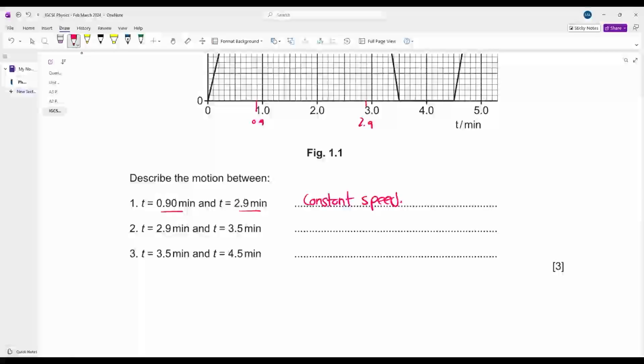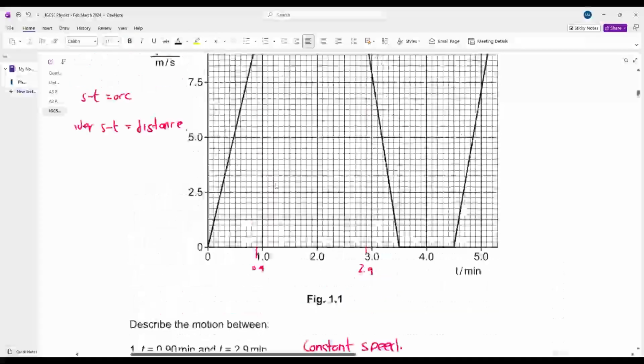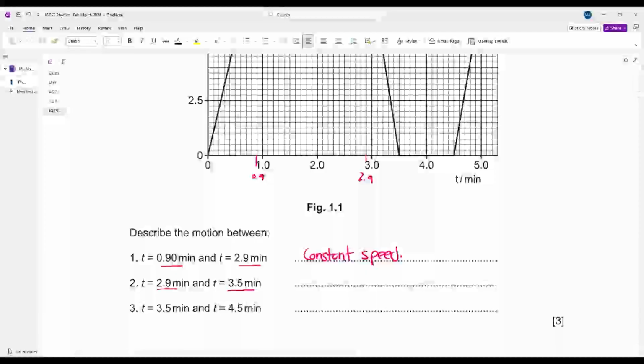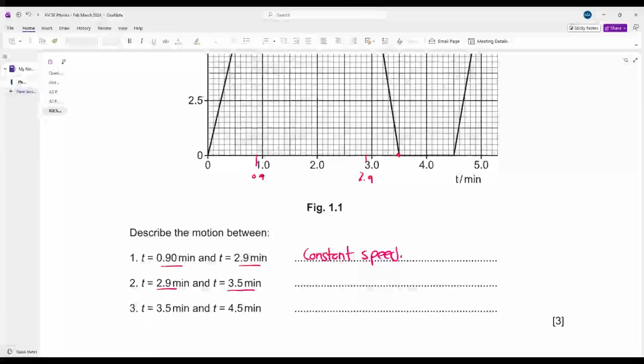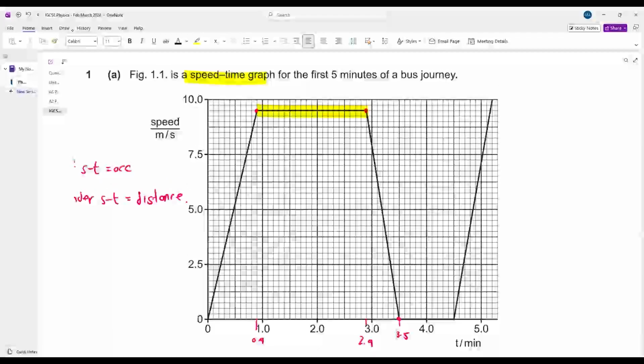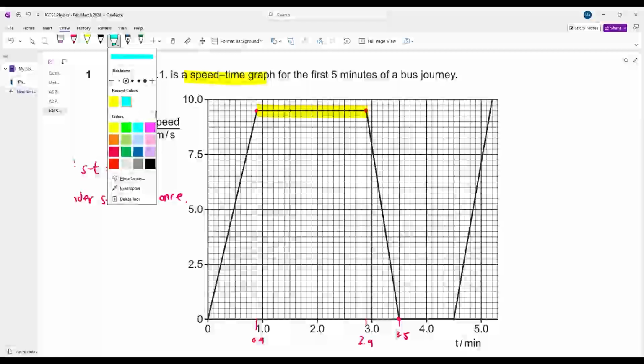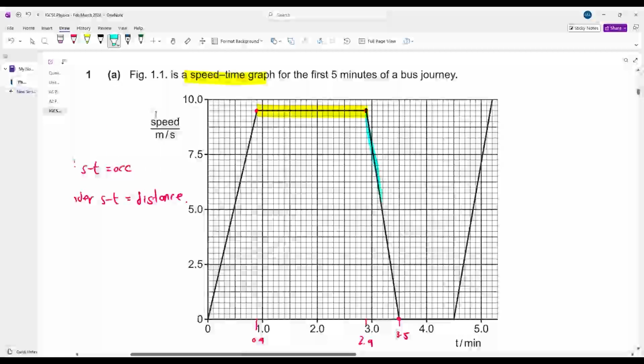Perfect. What is your motion from time t is equal to 2.9 minutes till 3.5 minutes? अच्छा जी, 2.9 minutes से 3.5 minutes, that is somewhere here. So let me highlight it as well. This region. 2.9 से 3.5 minutes, this region. What is happening to the motion in this region?